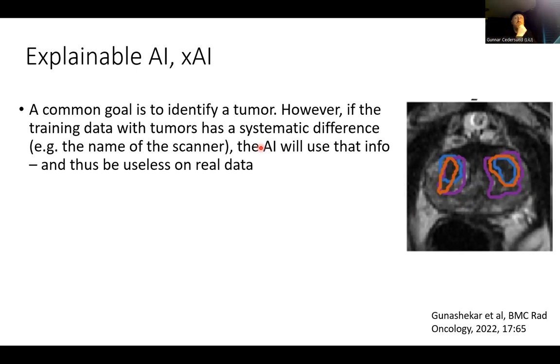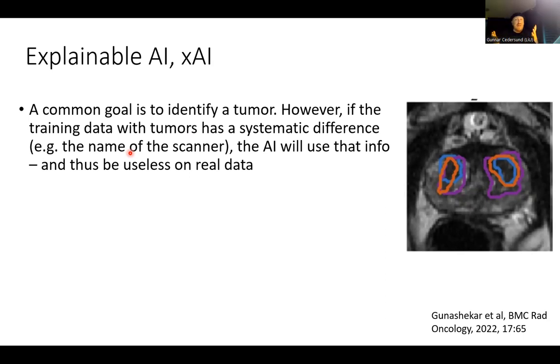But then when you dig a little bit further and you do more cross-validation on independent data sets, you realize that maybe all of the tumor images were done on one scanner. And in the image is a meta tag, which is the name of the scanner. Then the only thing that the AI is using to calculate if there is a tumor or not is the name of the scanner.